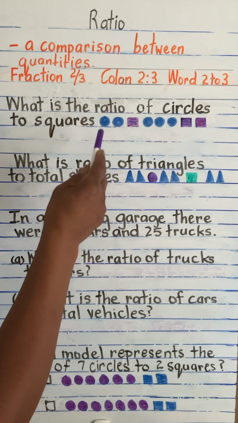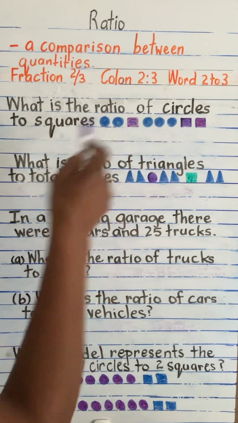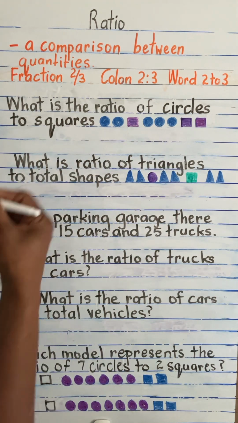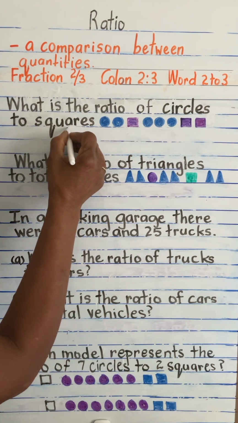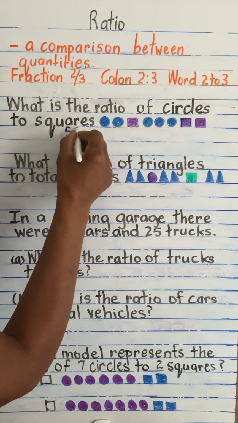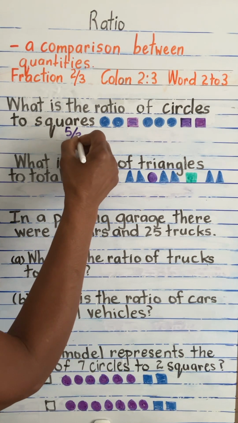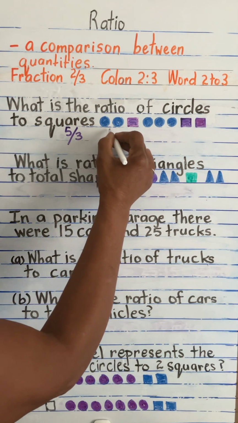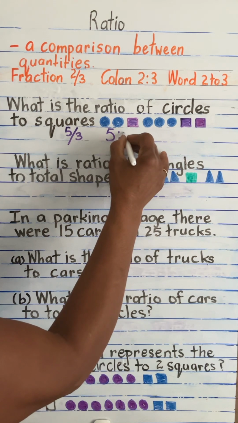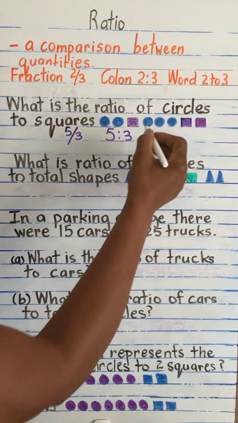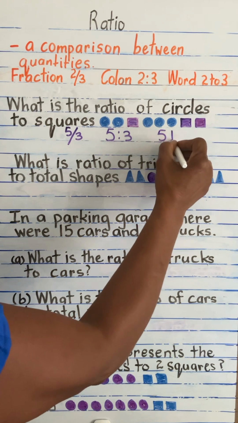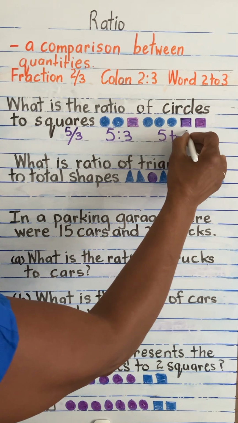We have 5 circles and 3 squares. So the ratio as a fraction is 5 over 3. Using a colon, 5 is to 3. And using the word, 5 to 3.